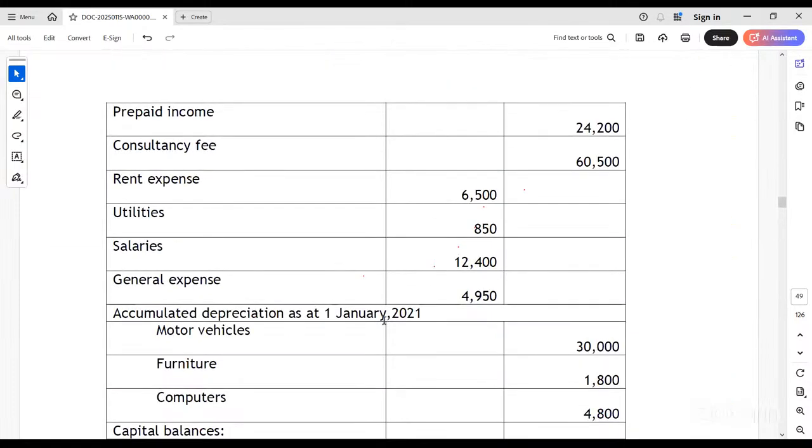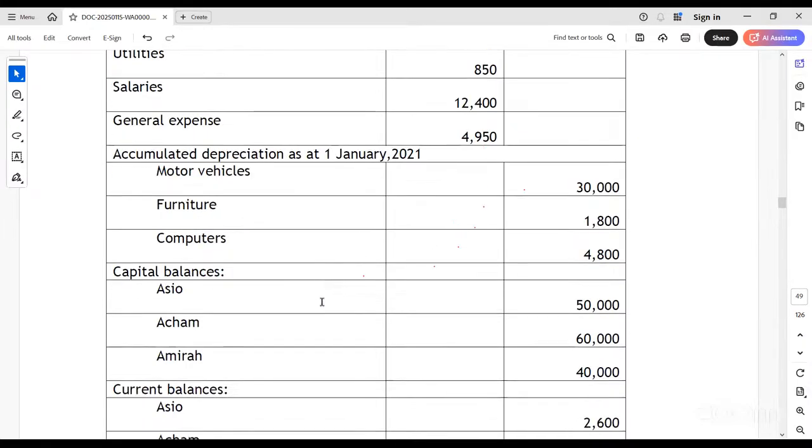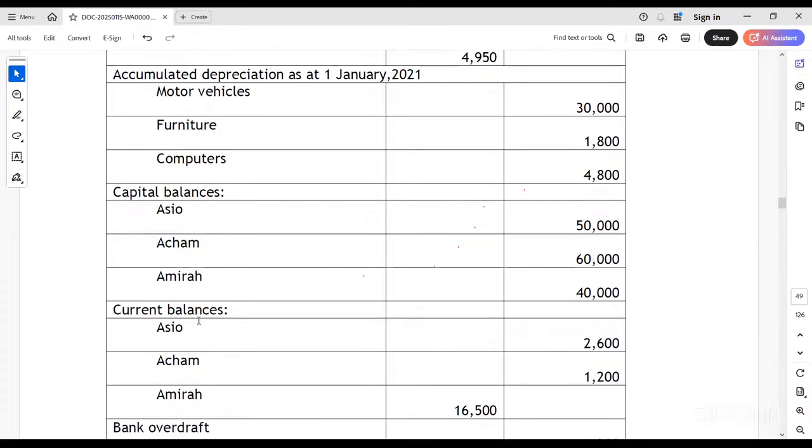We have consultancy fee, rent expenses, utilities, salaries, and general expenses. And then accumulated depreciation of the assets as at 1st January 2021. Capital balances are there. Current balances are there.